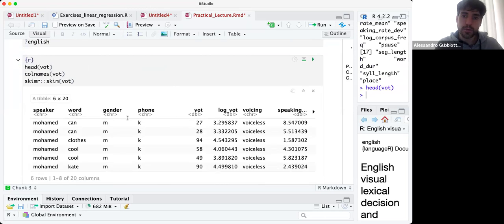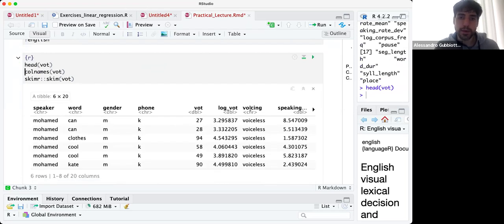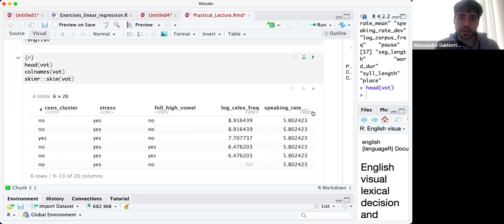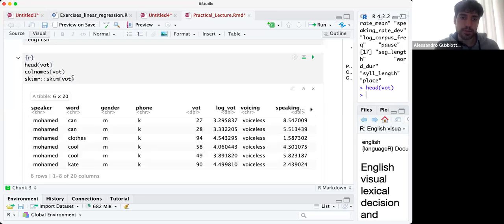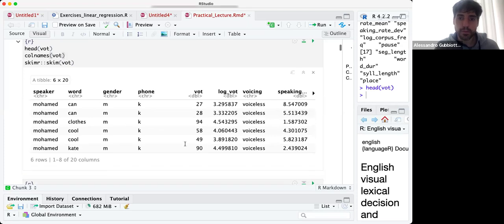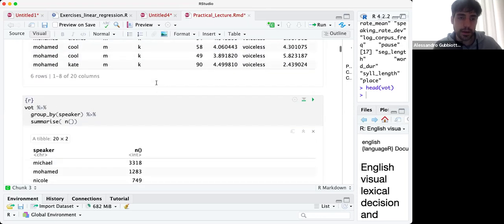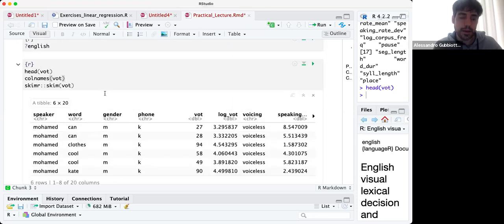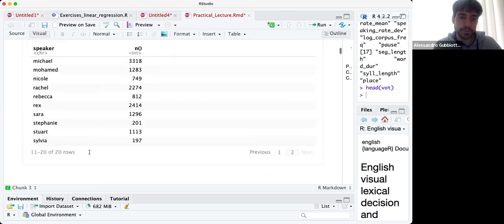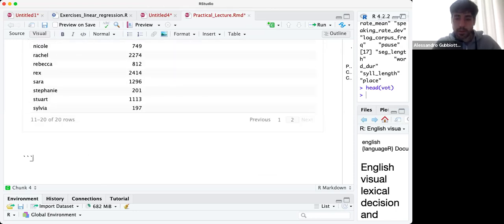So the vocal onset time depends on whether the consonant is voiceless or voiced. Okay, let's first select Mitchell. So we filter the data and select Mitchell.